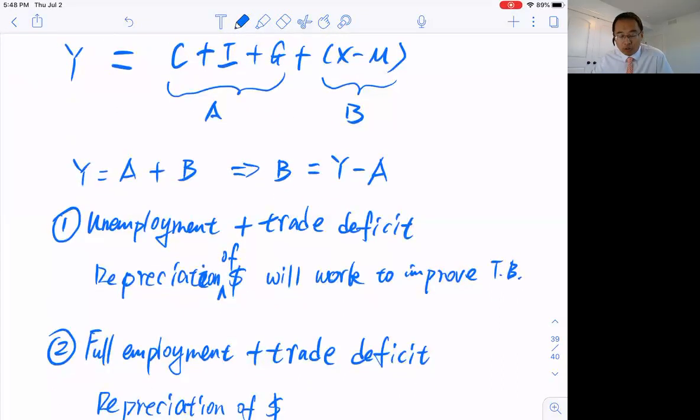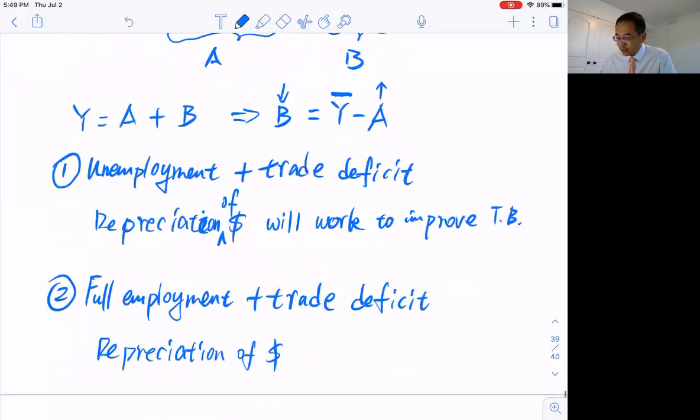foreigners want to buy more products from America, but we already hit our full production capacity. So Y does not have any more room to grow. Y is fixed. But in the meantime, depreciation of the dollar will cause foreign products to be more expensive, so we'll buy less. We'll spend more domestically, so A will increase. If Y doesn't change and A increases, that will cause B to become smaller or worse.